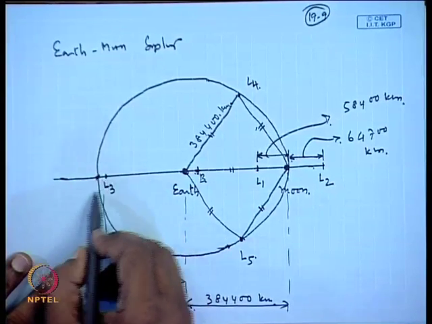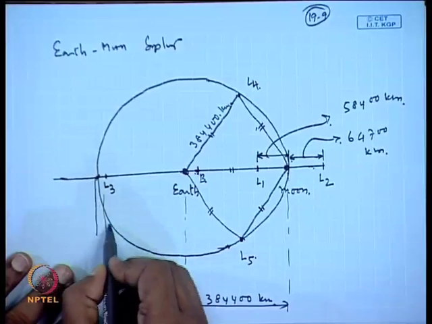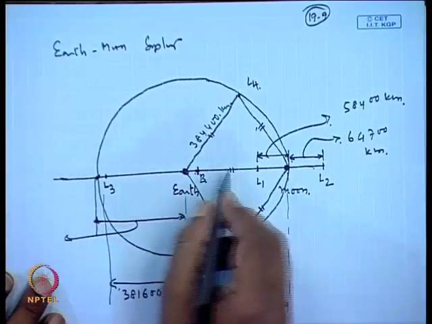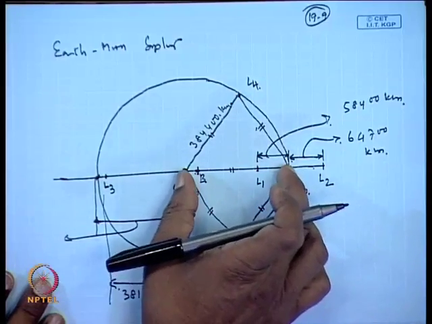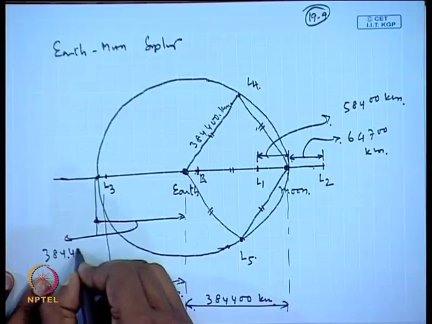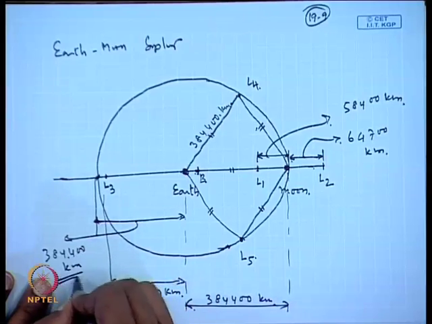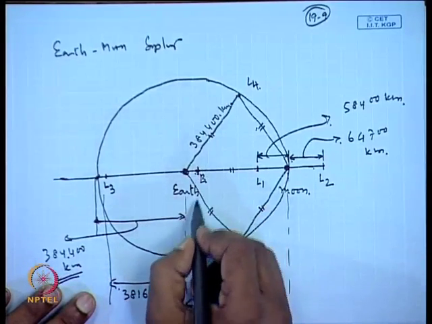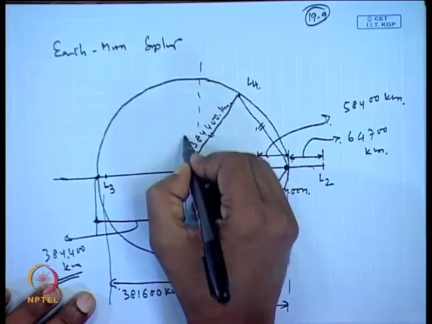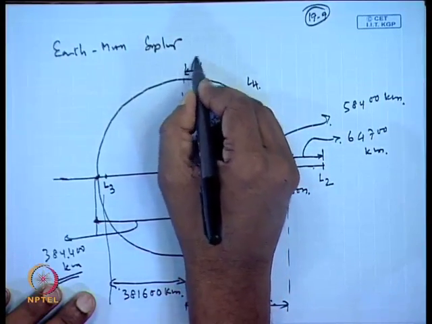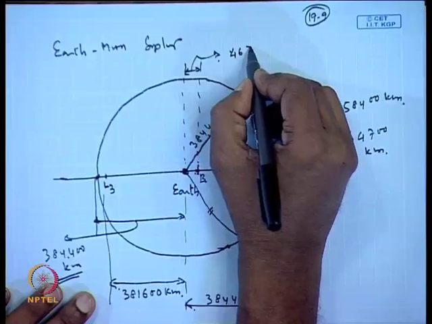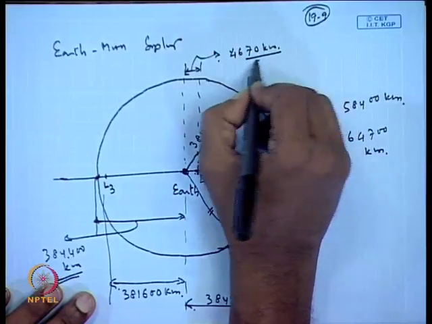While the distance between this point and the earth is nothing but the radius of the orbit of the moon, so this is 384,400 kilometers. And the barycenter, which is lying here, falls at a distance of around 4670 kilometers.